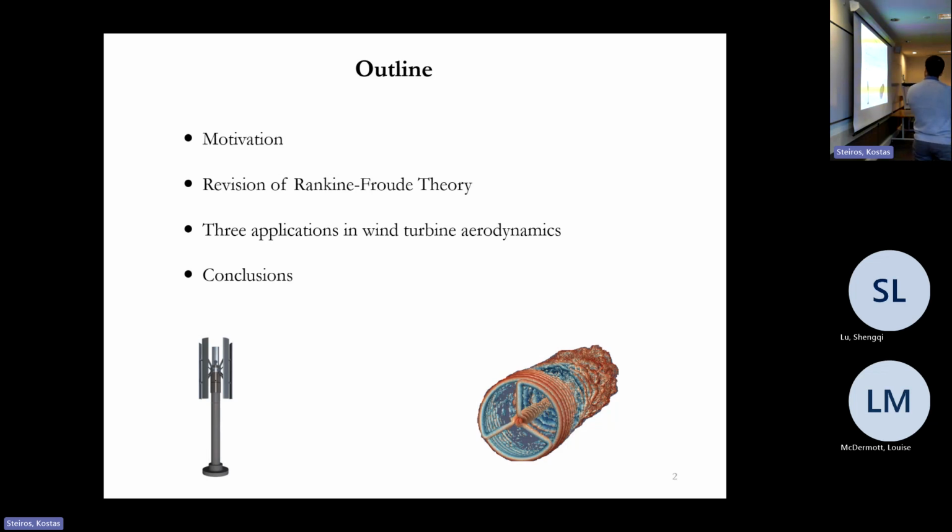So I will discuss a revision of that. And then I will apply this revision in 3 applications of engineering wind turbine models. And then I will conclude this talk.